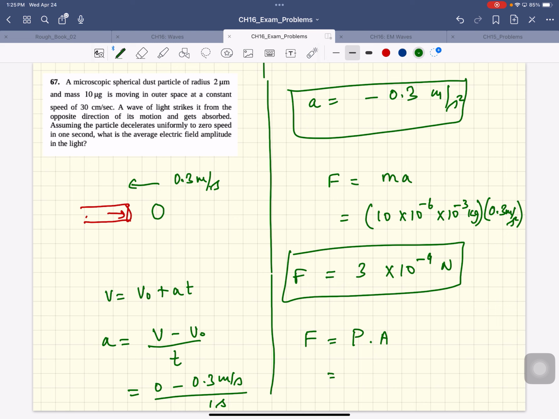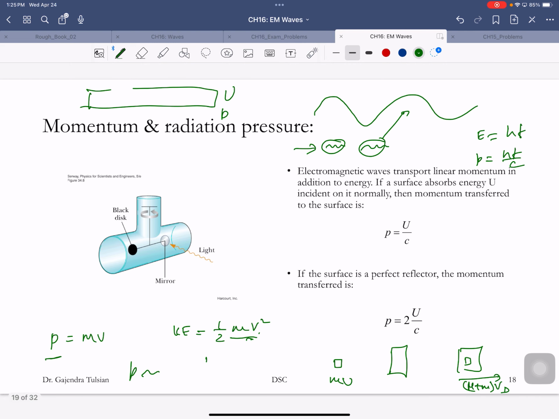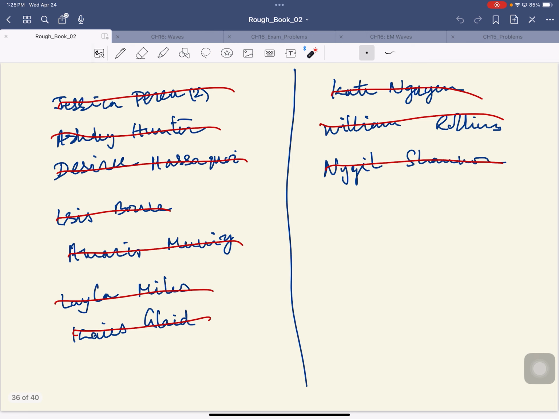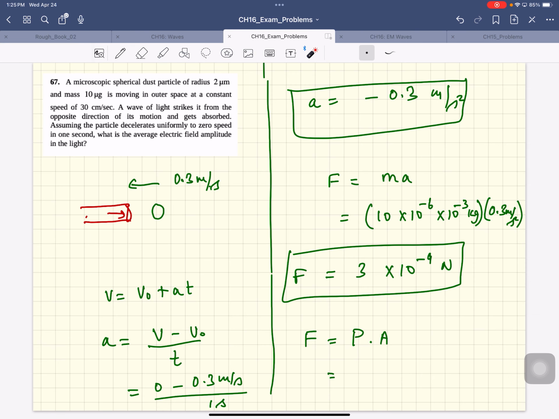And the pressure a beam applies, let's look up that expression. Pressure exerted by radiation falling on an absorbing surface is intensity divided by c. The intensity, as you saw, in terms of the maximum amplitude of the electric field is E max squared over 2 mu naught c.